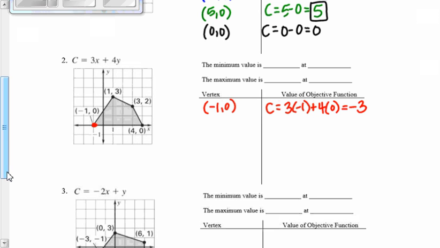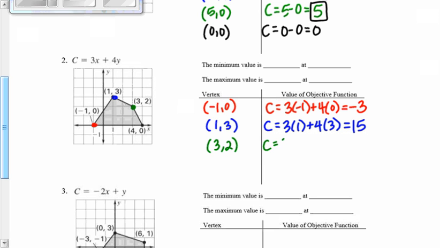I'm going to use 1, 3 next. So c equals 3 times 1 plus 4 times 3, which would be 3 plus 12, which is 15. 3, 2.